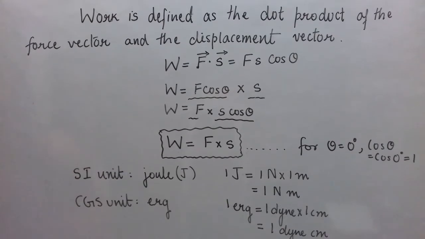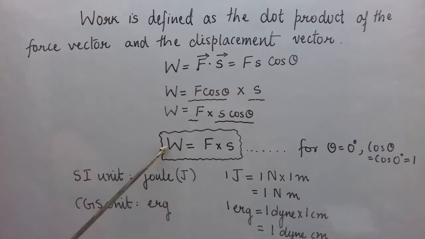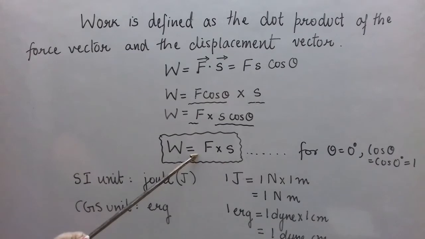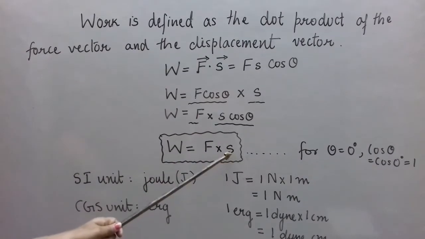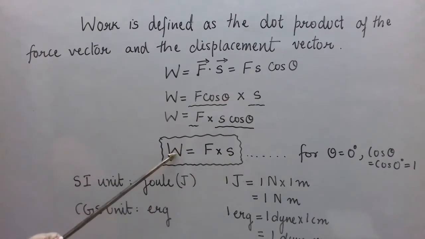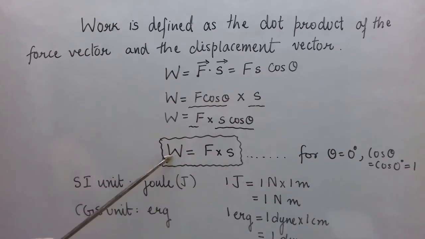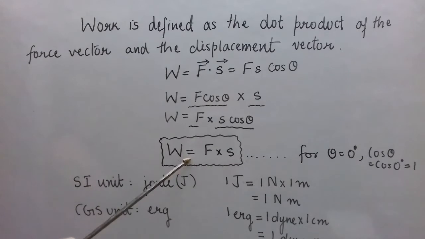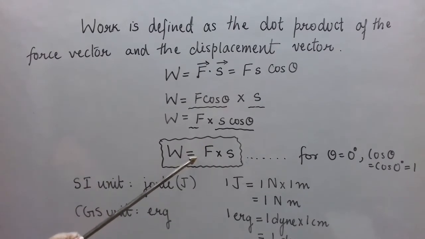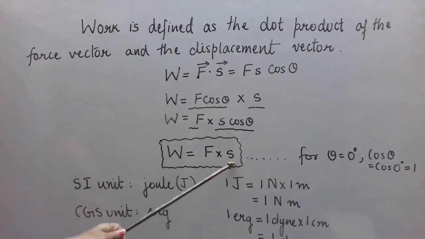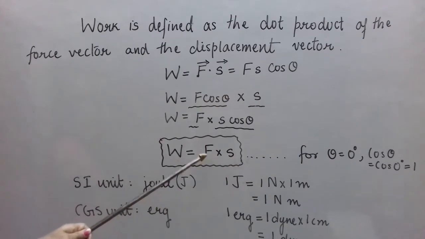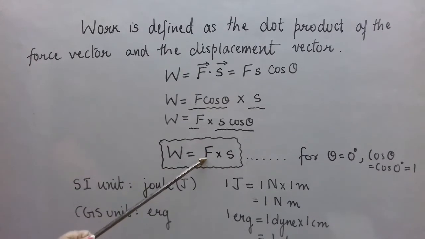If you just write that work done is the product of the magnitude of force applied and the magnitude of displacement produced, your definition will be wrong and you will lose marks. You are supposed to write: work done is defined as the product of the magnitude of force applied and the magnitude of displacement produced in the direction of force applied.